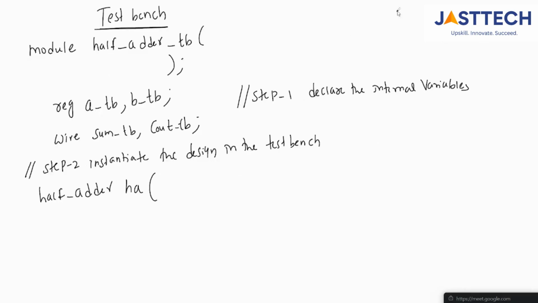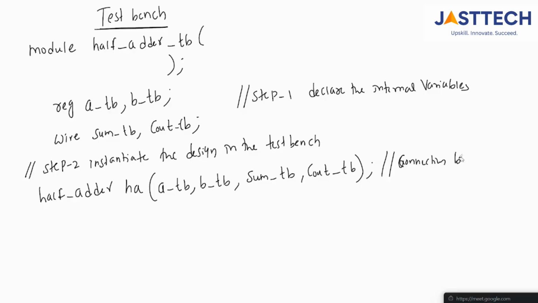That is connection by position with order list: a underscore tb, comma, b underscore tb, comma, sum underscore tb, comma, cout underscore tb. So this is connection by position with order list.